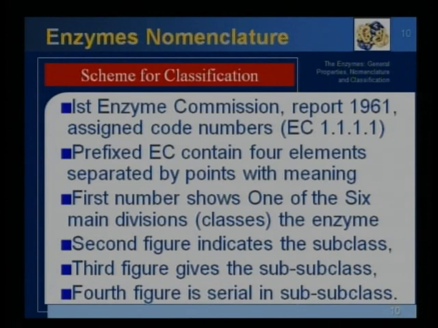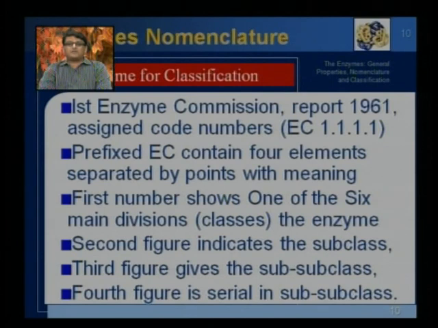The number given to them is, for example, EC 1.1.1.1. When we want to understand the name pattern, the prefix EC contains four elements separated by points, and each of these numbers has some meaning.